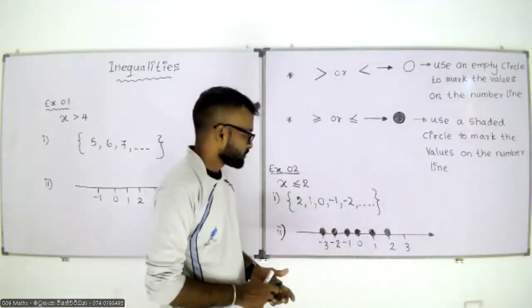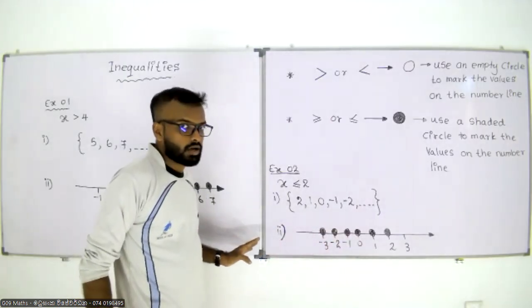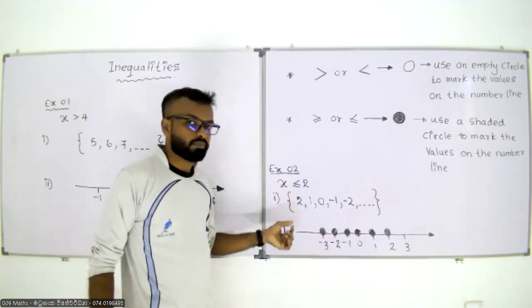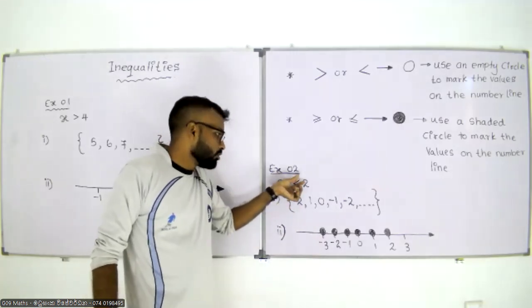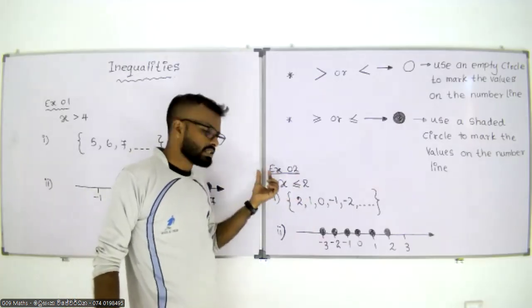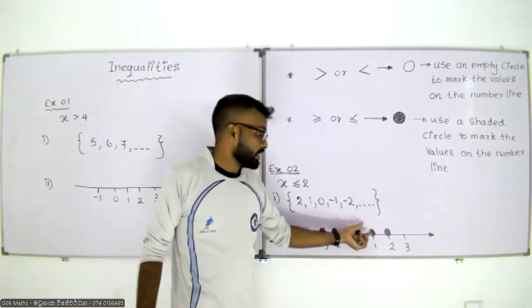Because from 2 to minus infinity, those are exact solutions of x, because x is less than or equal to 2. All the values less than or equal to 2 are a solution of x, up to negative infinity.